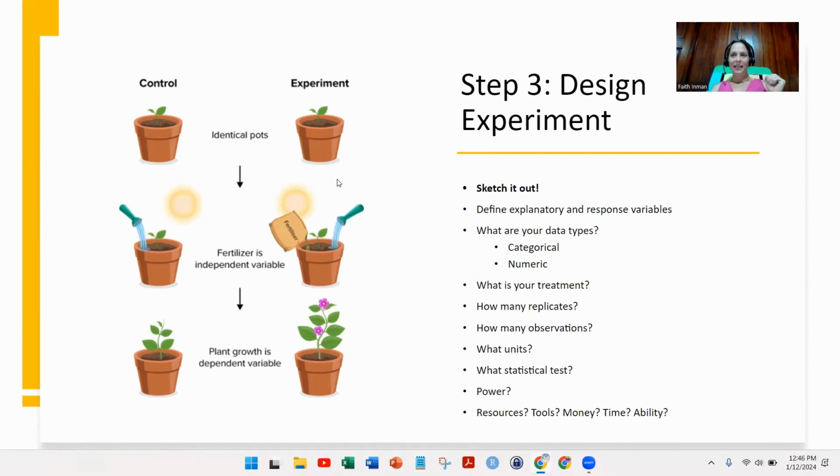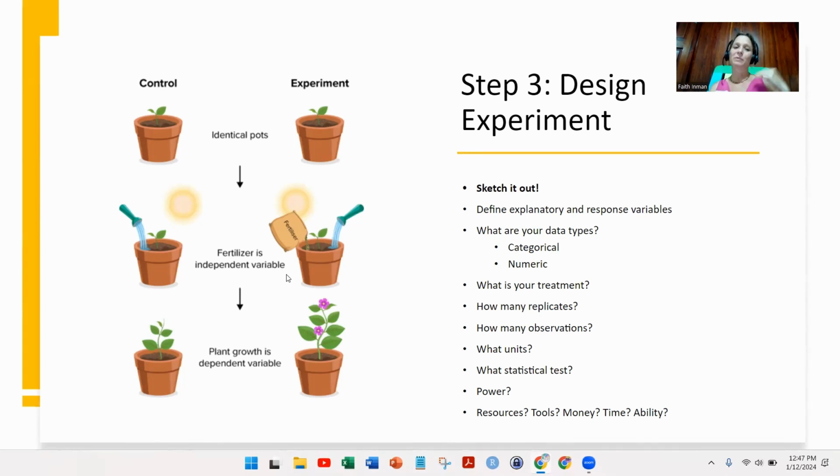So in the case of this little experiment here on the slide, it tells you fertilizer is the independent variable. Heads up, in stats, we have a lot of synonyms. It happens all the time. I'll point it out to you whenever I can, but very often these terms are used interchangeably, and it can be confusing at times.